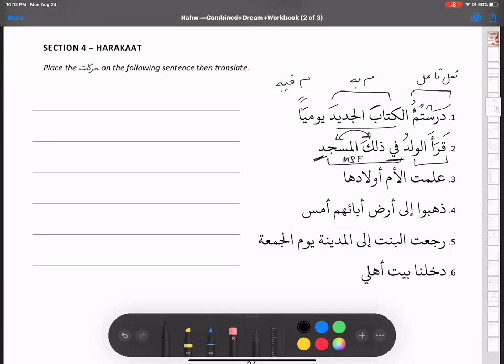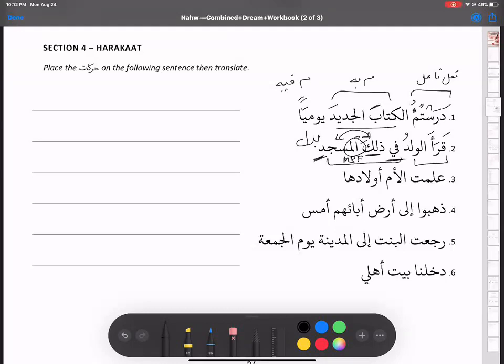And I told you guys, what else can you say? After dhalika, you have al, you have ism ishara plus musharun ilayh, badal. So it could be the badal. Okay, so this al masjidu is the badal of dhalika.